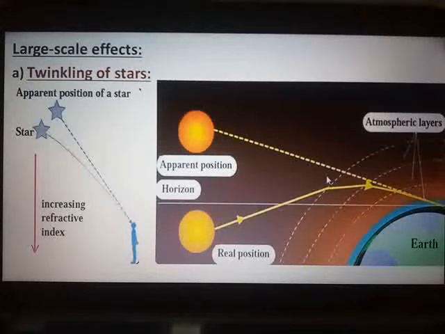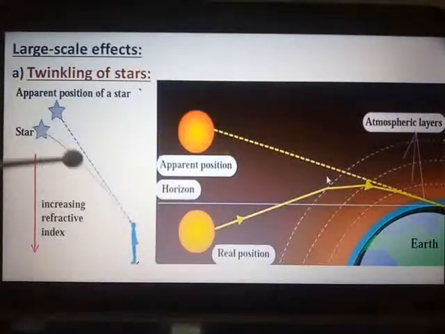So starlight, you can see in this diagram, coming towards the observer, travels from a rarer medium to a denser medium and constantly bends towards the normal.